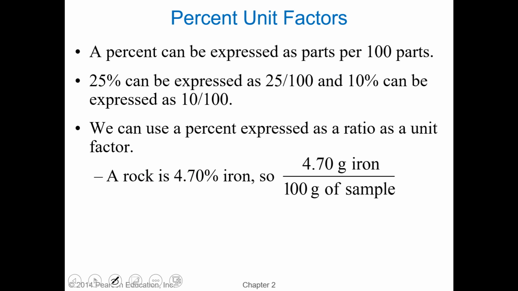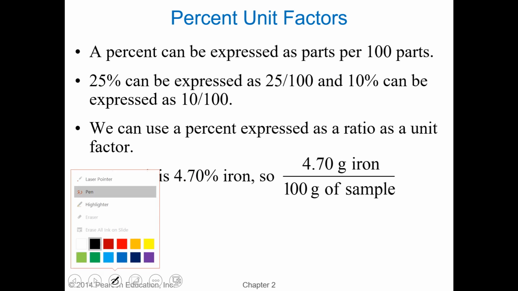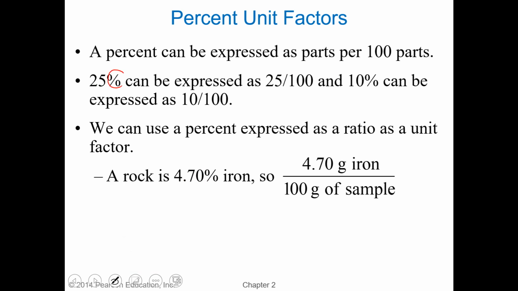You will find that we are going to be using percentages as unit factors or conversion factors quite a bit. Whenever we see this percent sign here, you can always assume grams. So what do we mean by that? When we say a percentage, what we mean or what we assume is that it's out of 100.